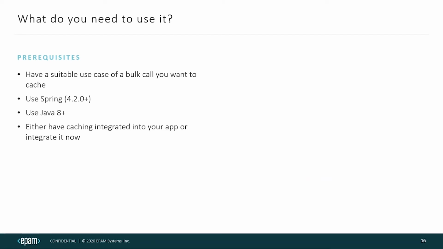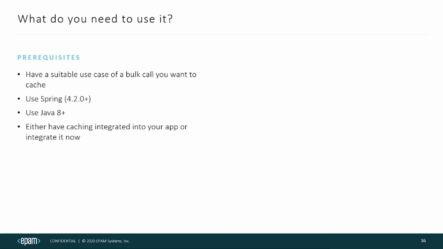We have even some prerequisites. So you need to have a suitable use case, like a bulk call somewhere. You need to use Spring 4.2 at least. You need to use Java 8, probably not an issue because that's ancient at this time. And you need either some existing caching implementation or integration, or you need to integrate it now.